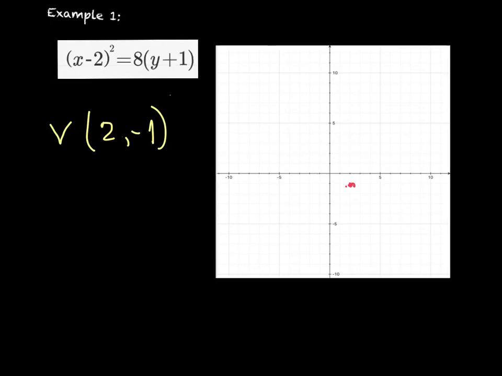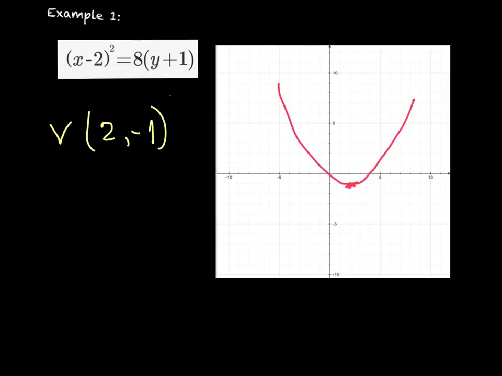It is (2, -1). I'm sorry, the sketch is not so clear, but that is the vertex. As x is the variable which is squared, we know that the parabola is vertical.